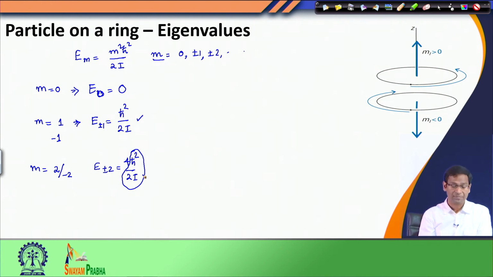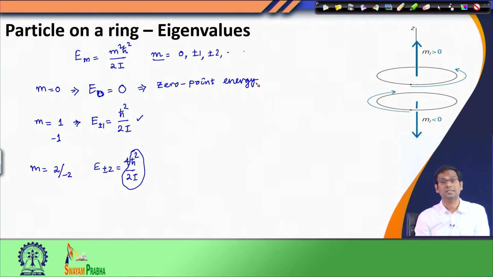What does that mean? When I look at the lowest energy level, E 0 as 0, here I can say this is the lowest possible energy. So, I call this the zero point energy. Now, you see we have a system whose zero point energy is 0. When the energy of this system is 0, what does it mean? Remember, the energy that we have now is coming exclusively from the kinetic energy, because we have no other potential energy.